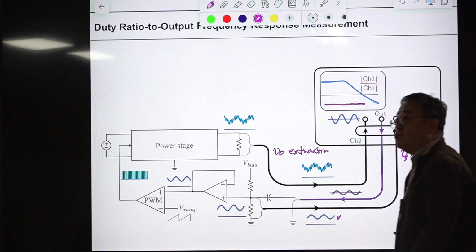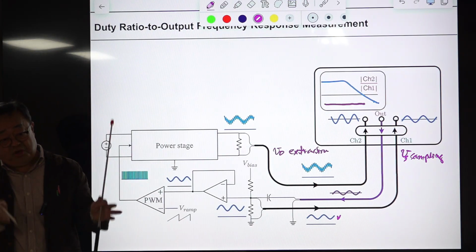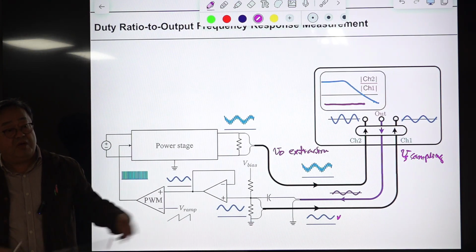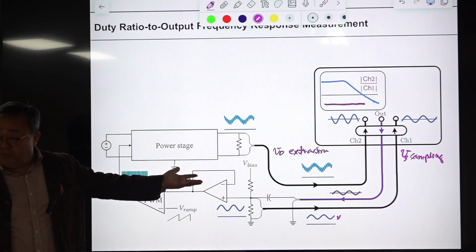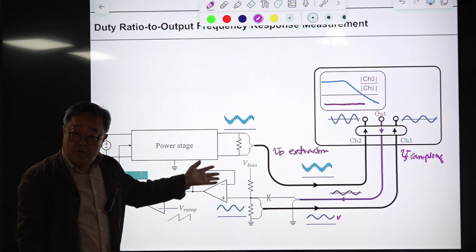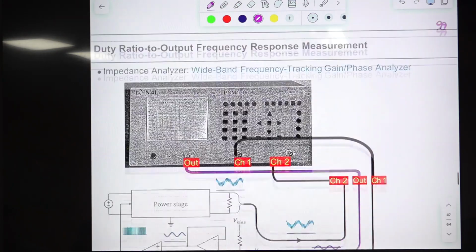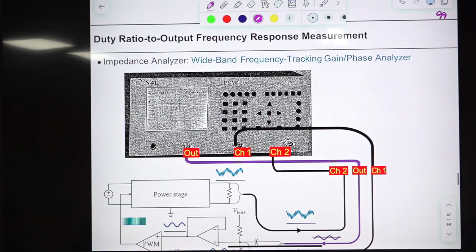Okay, if you take a look at the old papers, many data are presented in that fashion. That is the way of extracting the frequency response in the past. Now we have equipment, so everything is automatic, right? Okay, I'll finish this up, and we will take a 3-minute break.